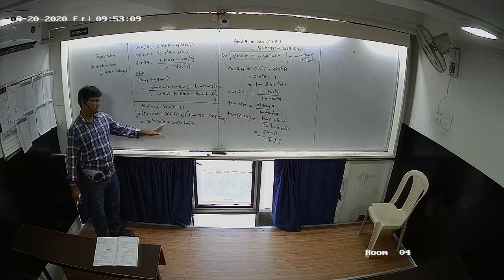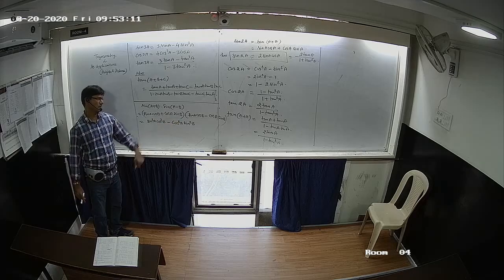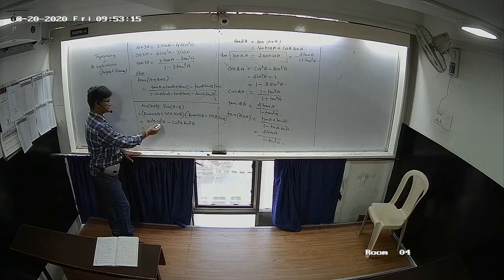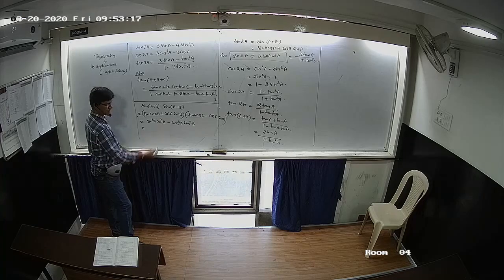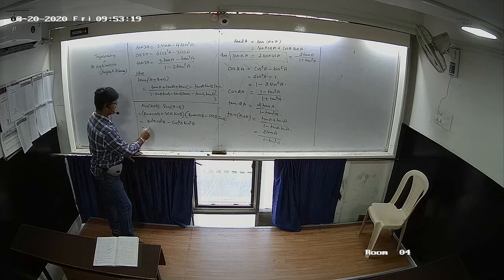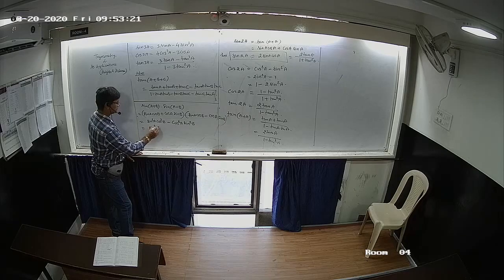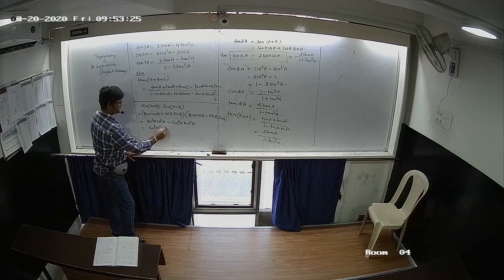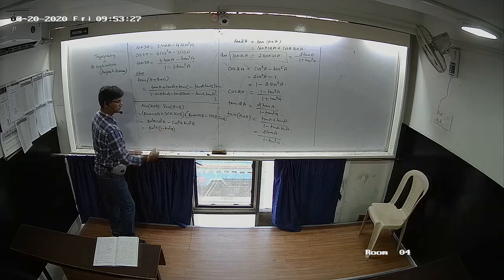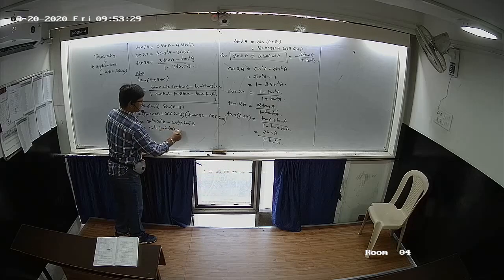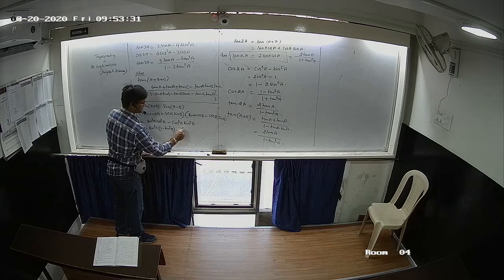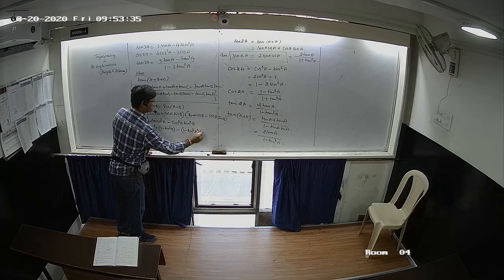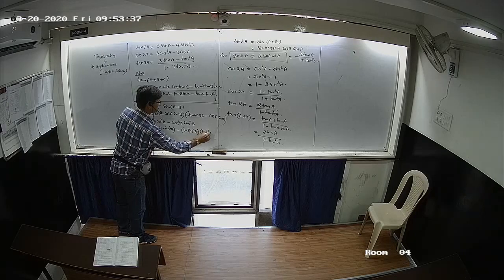If we convert this cos square b in terms of sine, you get sine square a into (1 minus sine square b) minus, this also you convert into 1 minus sine square a, into sine square b.